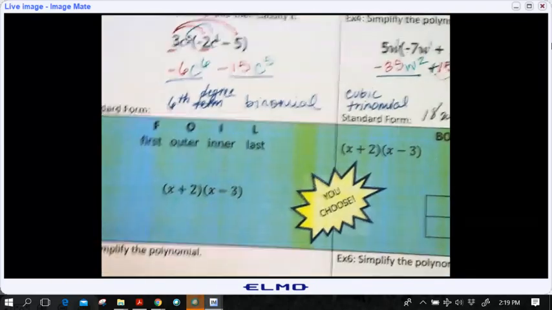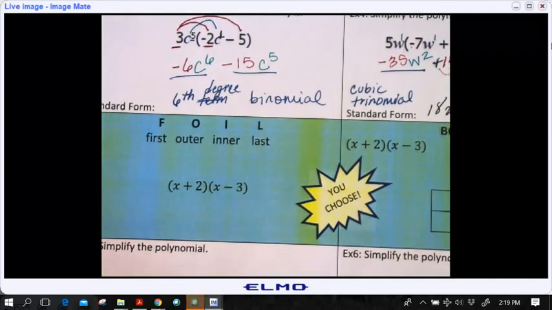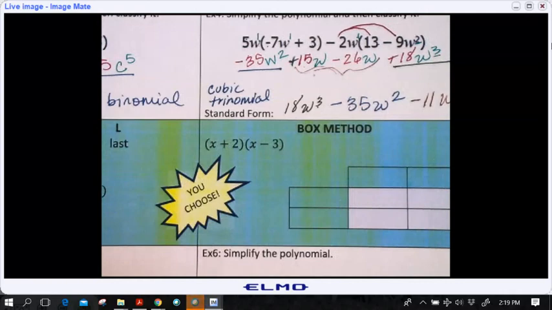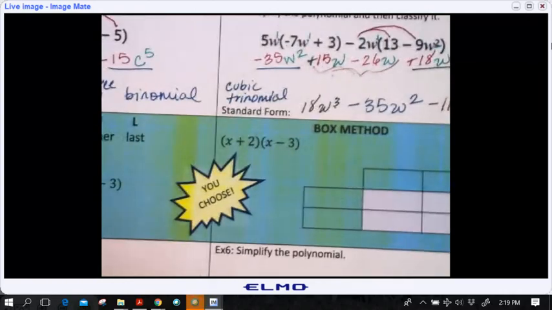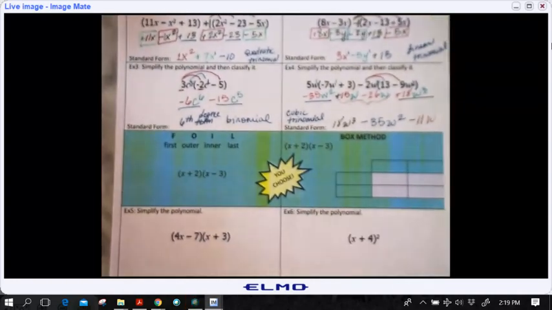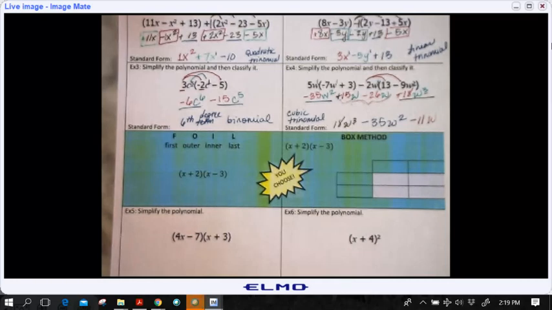All right, so let's look at this FOIL method, and then we're going to look at this box method. Both methods will get you to the same solution. It does not matter to me which method you choose to use. They are equally as good. The box method is a little bit more visual.